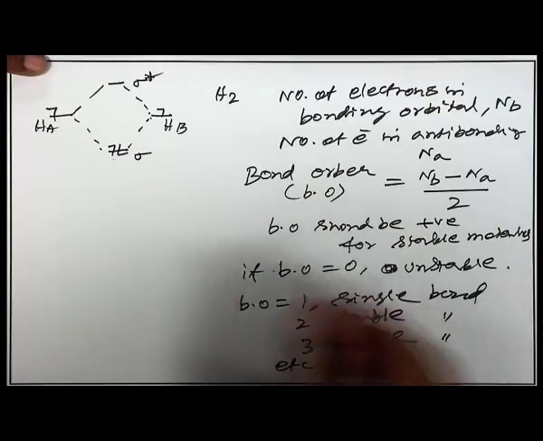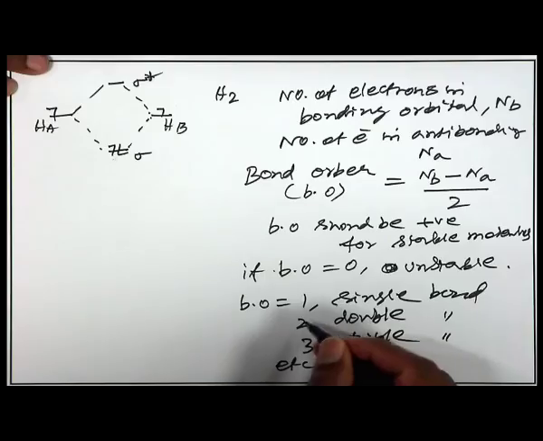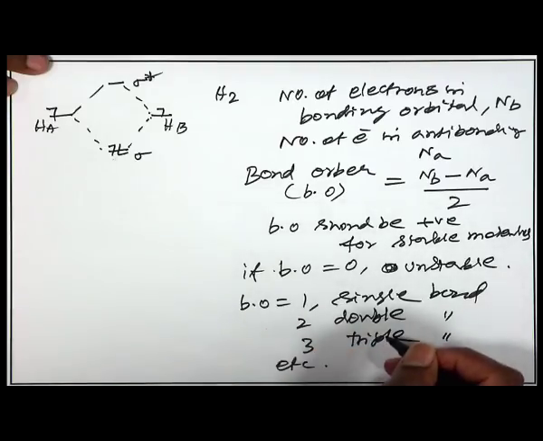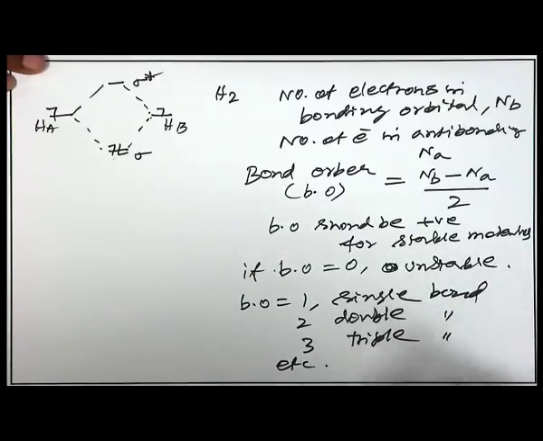There is also a relationship between bond order and bond length. The higher the bond order, the shorter the bond length. When you compare the bond distance between a single bond and a triple bond, for the same atoms the single bond distance is longer than the double bond or triple bond distance. Bond order being higher means multiple bonds, and multiple bond distances are lower compared to single bond distance.